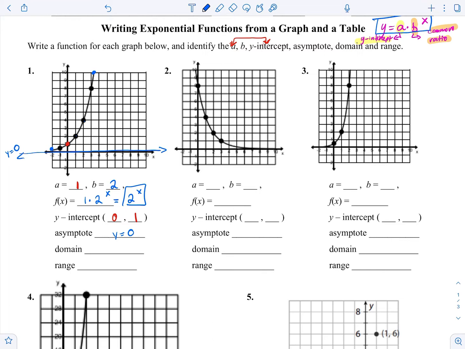So we start at -2, and we go till we get to a little over 3. So maybe we'll say 3.25. So we write our domain from -2 to 3.25. The domain is in between those numbers. And our range, remember we said that our asymptote is y equals 0. So we start at 0 and we go all the way up until we get to 10.